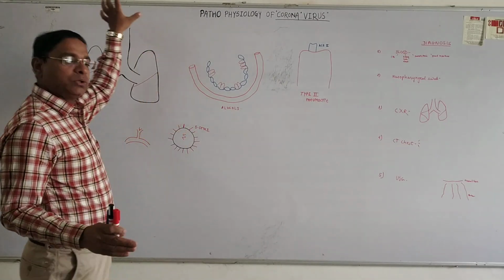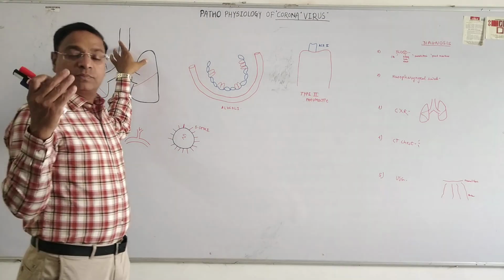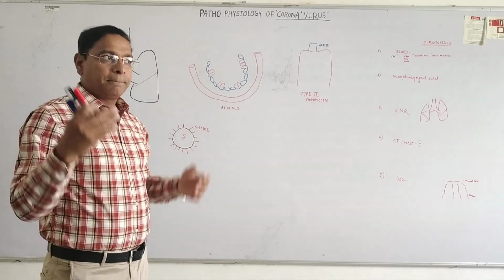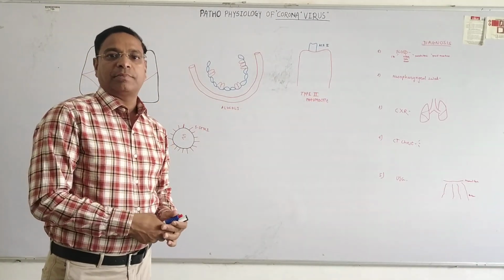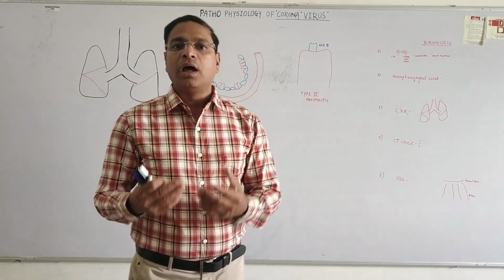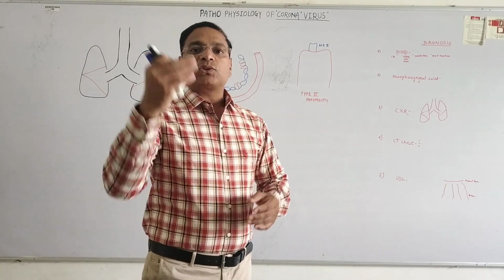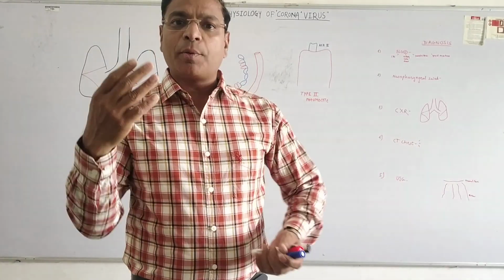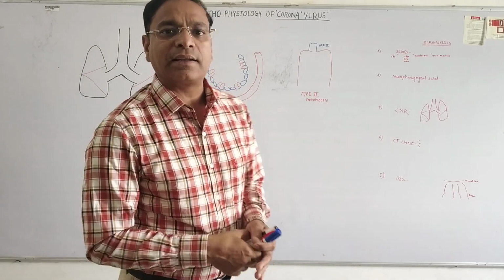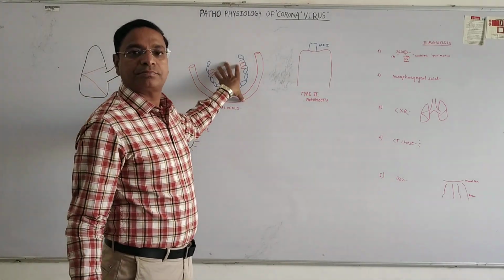It enters our respiratory system by defeating the immune system, by defeating various defenses. For example, there are plenty of defenses, starting right from the nose, the zigzag pathway, the VBC, and so many. After defeating those, once they enter into the respiratory system, they attack the alveoli.